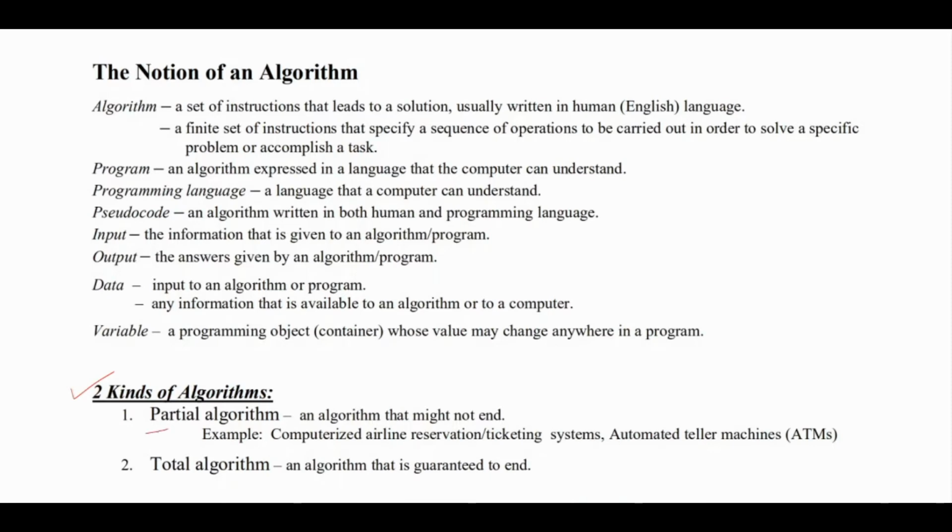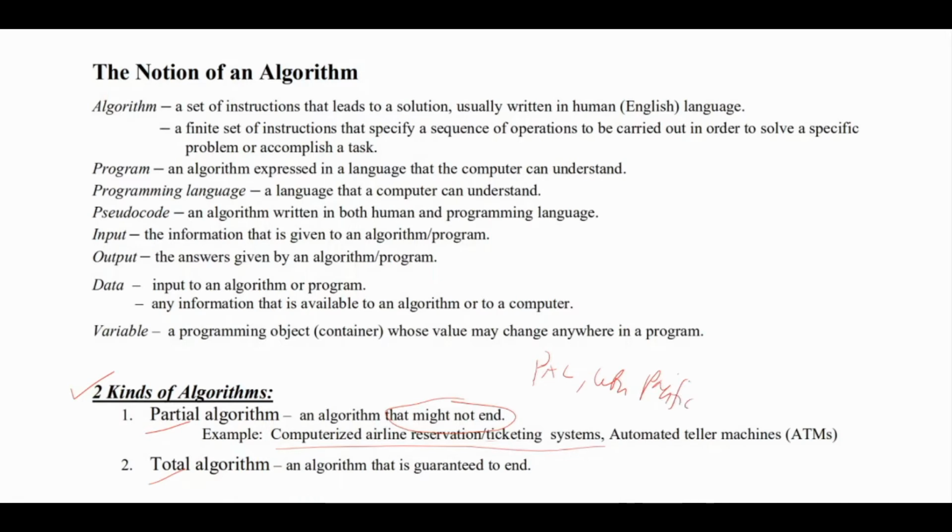Now let's move to discuss the two kinds of algorithms. Algorithms can be partial algorithm or total algorithm. Partial algorithms are those algorithms that are intended to run 24/7 or that might not end. Examples of this are online programs like the computerized airline reservation ticketing systems of PAL or Cebu Pacific.